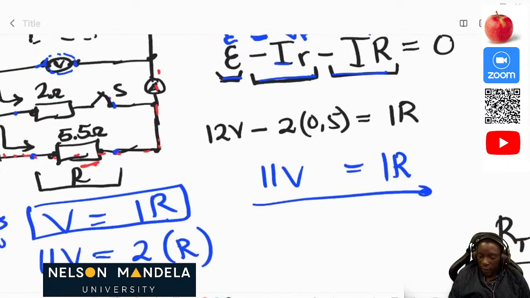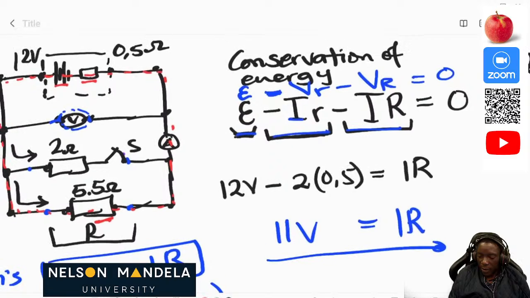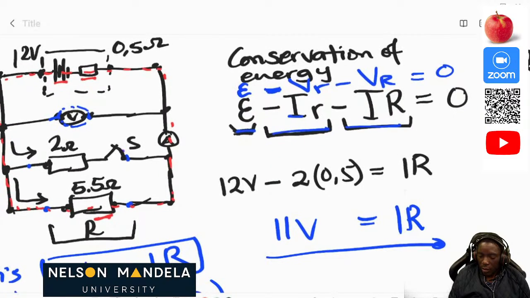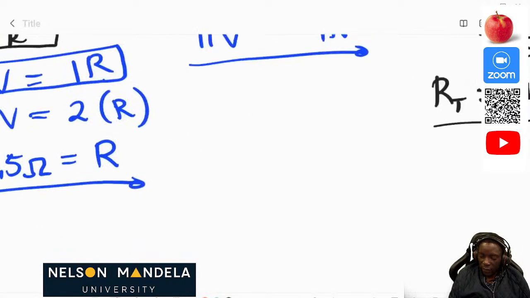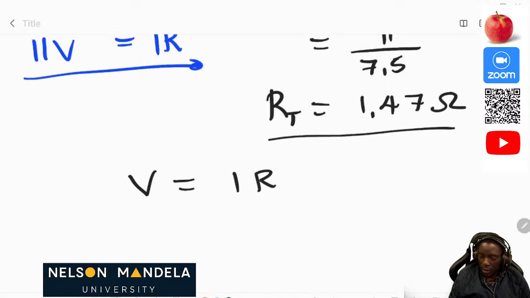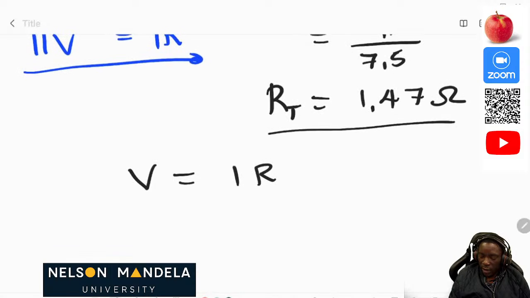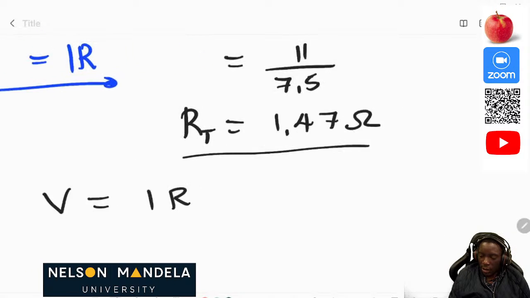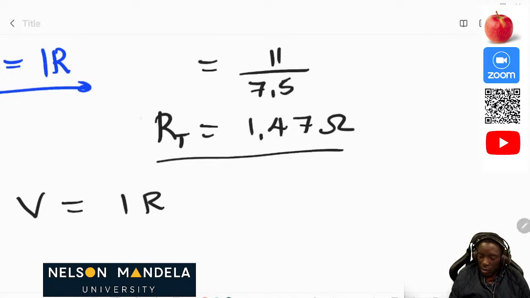So if we have the same setup, in this case, 1.47 plus 0.5. So in other words, we know V equals IR. And we have another resistance in series with this total resistance, which is 0.5.